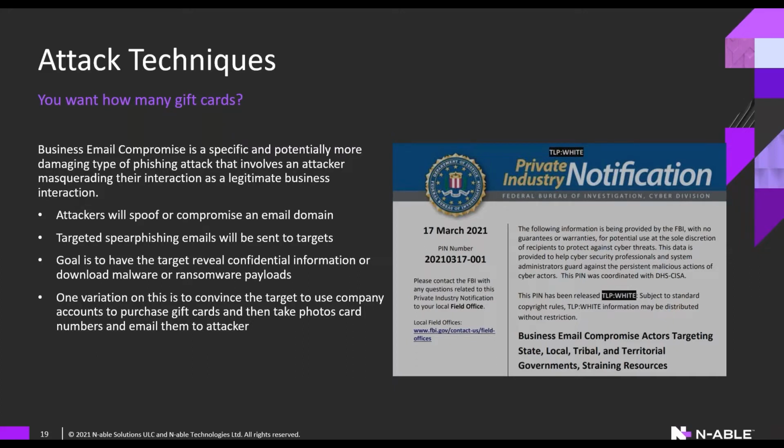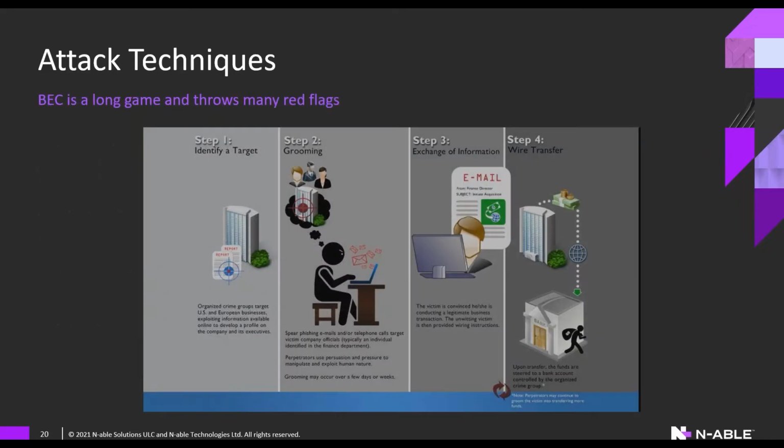It's just a set of instructions for a person to read and then go do something in the real world. And usually business email compromise is a long game, and there are many red flags that might be thrown up during one of the longer campaigns. This is a direct grab from, I believe, some of the FBI's advisories, but it's useful.